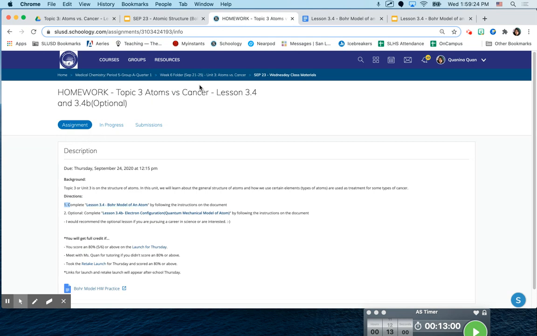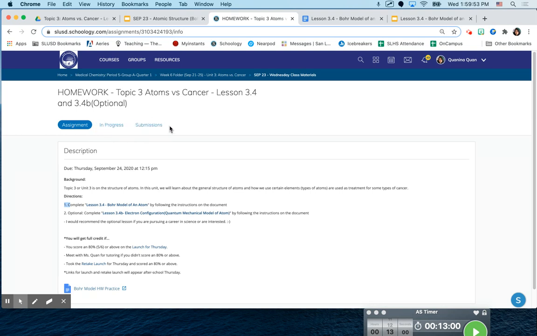Something that's new that I can't show you on this view because I'm on the teacher view, and even if I go to student view, it doesn't show up, is that there should be a document called Bohr Model Homework Practice. On your version, you should see a button that says My Documents up here where mine says In Progress and Submissions.